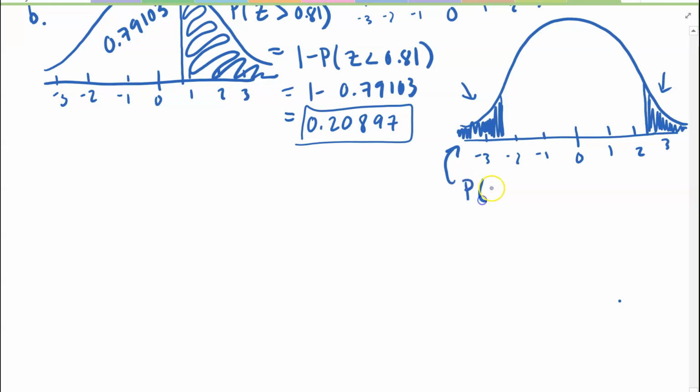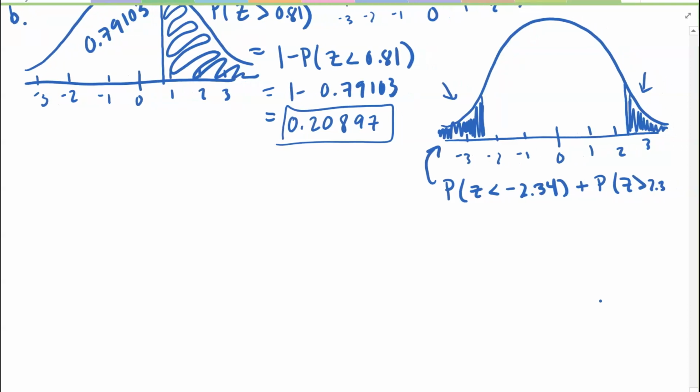So we're looking at the probability that z is less than negative 2.34. And we want to add that to the probability that z is greater than 2.34. Okay. So we know from the previous example that if we want to find this guy, we need to say, okay, I have to go 1 minus the probability that z is less than 2.34, and that should give me that probability.